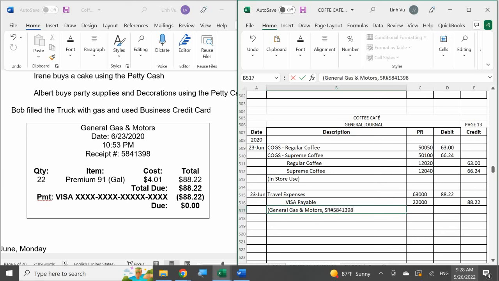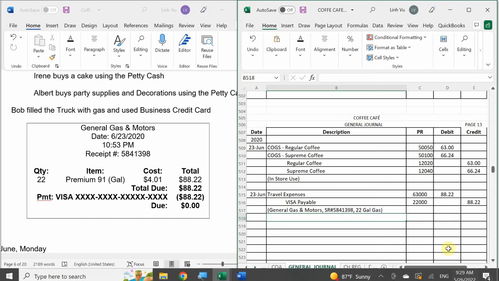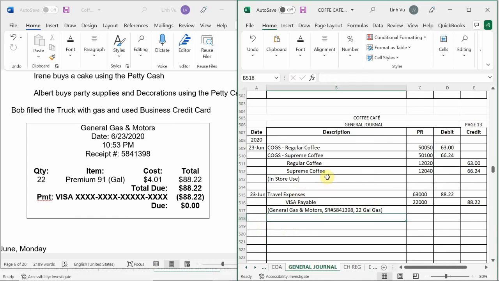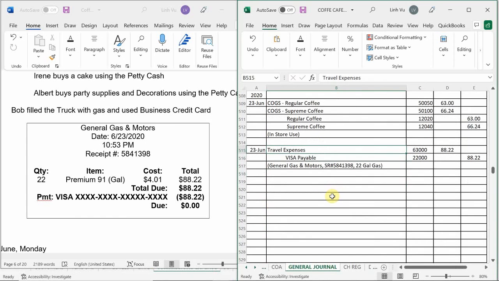Okay, and you could also refer what you bought. 22-gallon gas. Obviously, for the truck. All right, so there we go. We put some gas in the truck.